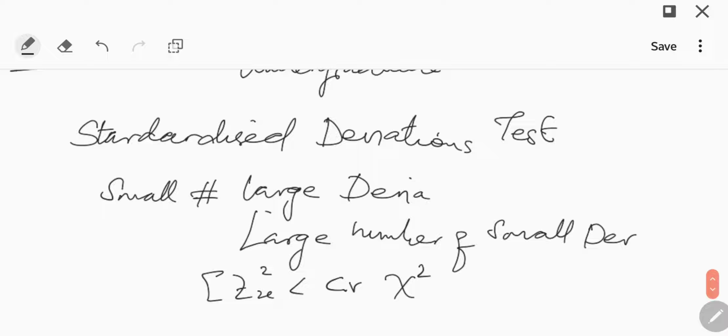So that is the main intention of using the standardized deviations test.